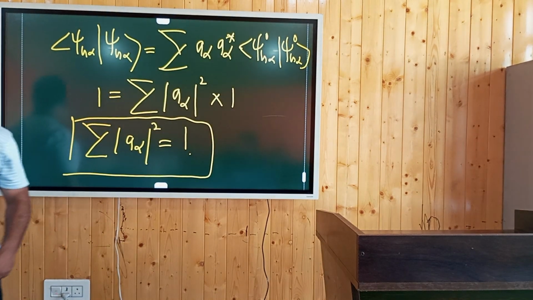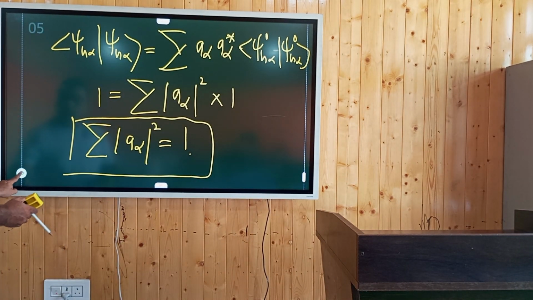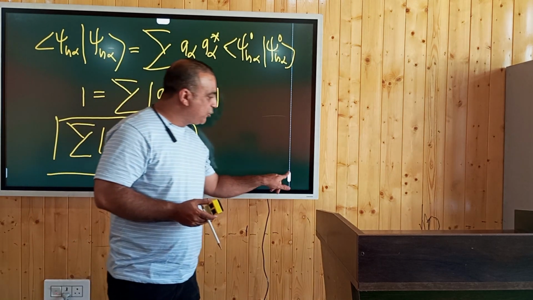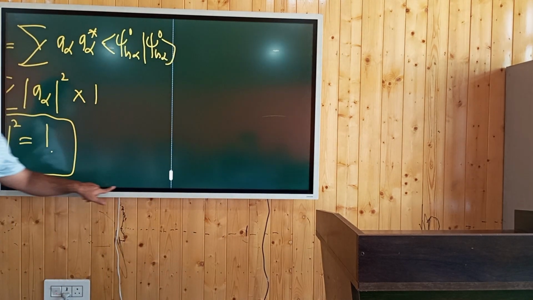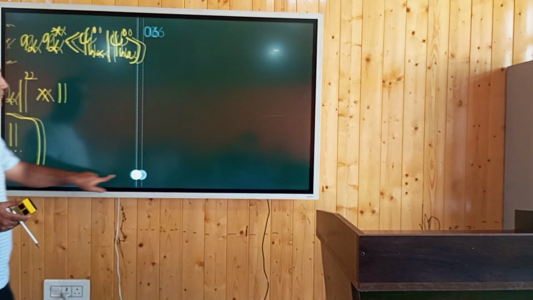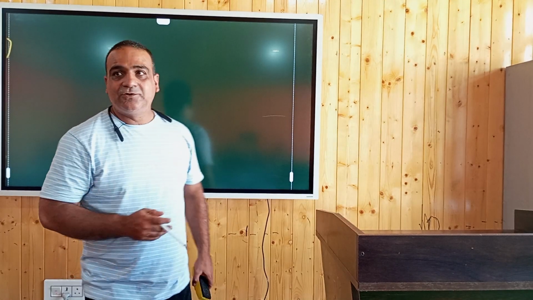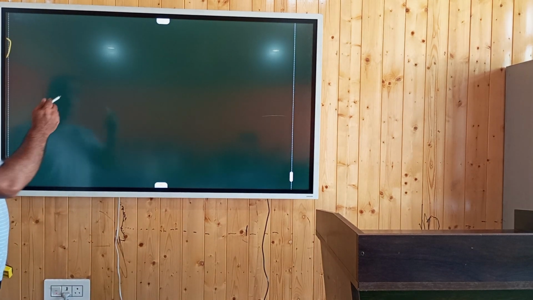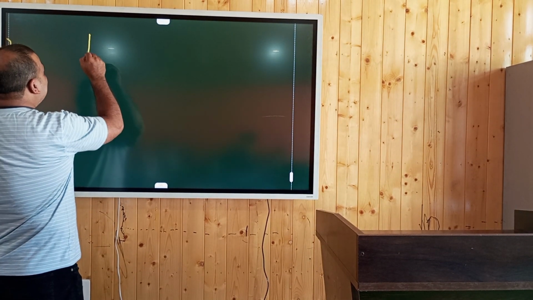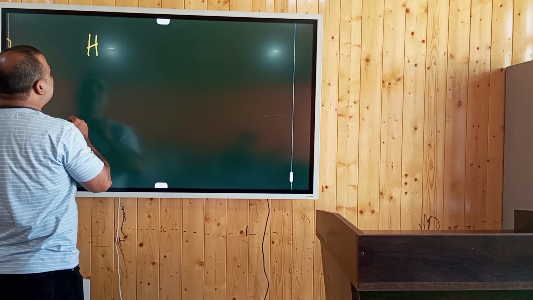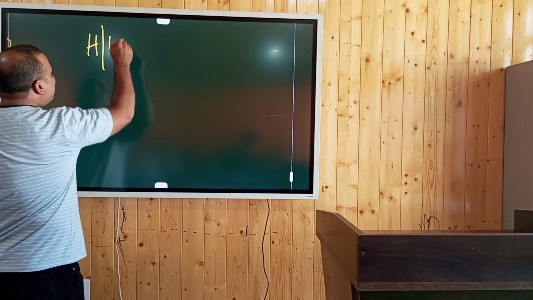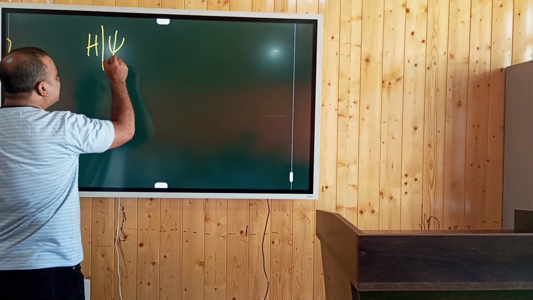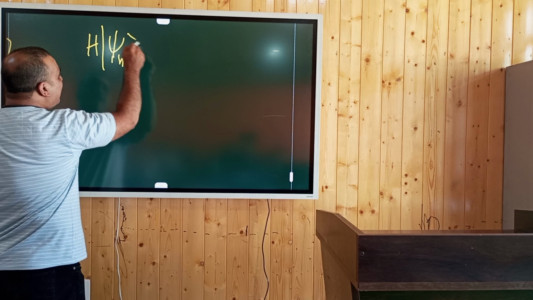Can we move on? Okay. So this thing is known to us, that the sum of mod A alpha squared is 1. Okay? Now, let's go back to our problem. And what's our problem? Our problem is, this is a perturbed Hamiltonian, and this Hamiltonian is acting on the vector psi n alpha.